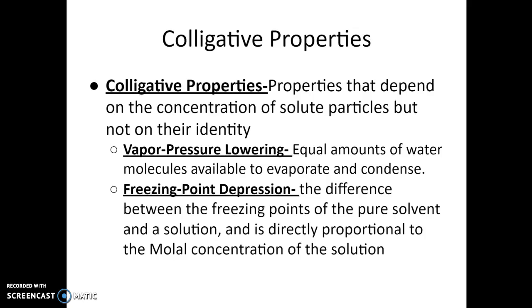So, there are three different colligative properties that we're going to learn about, two of which we're going to study in depth, one of which we're just going to mention right now. That colligative property is called vapor pressure lowering. Vapor pressure is the amount of water molecules that evaporate.